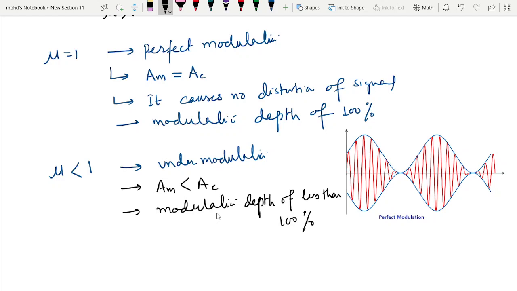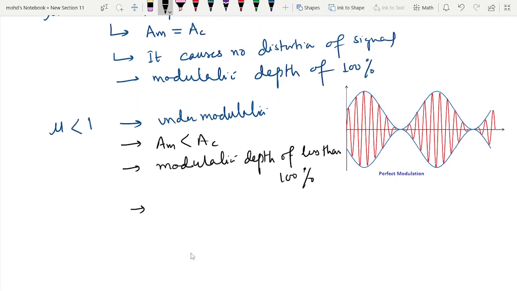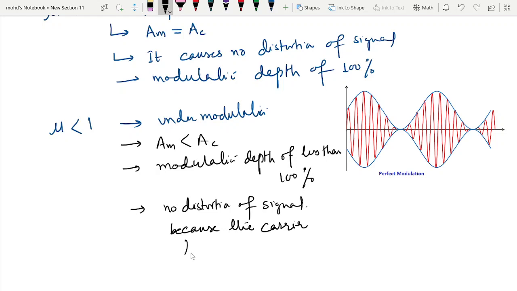The advantage of under modulation is that there is no distortion of the signal. Why? Because the carrier level never falls below 0.